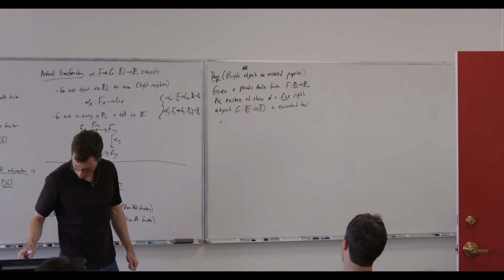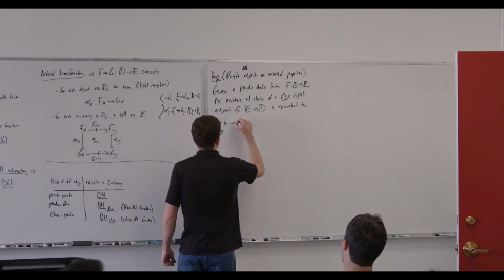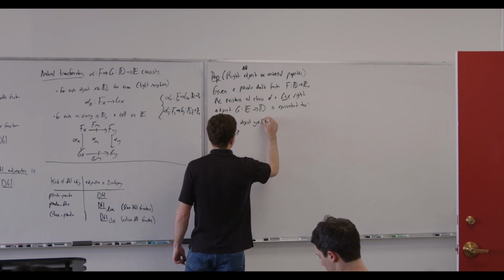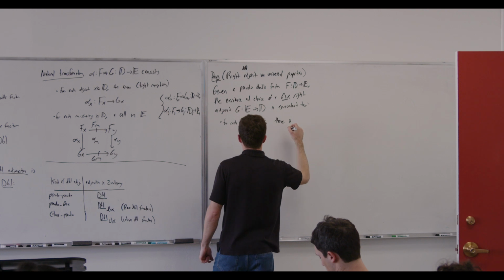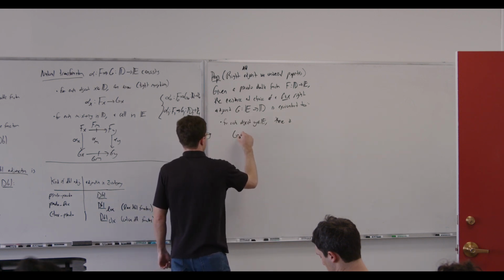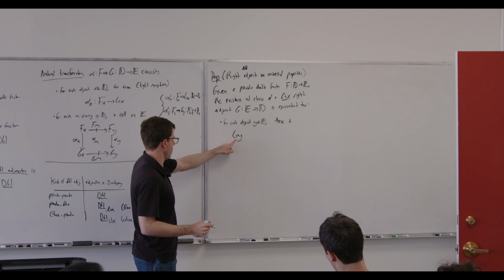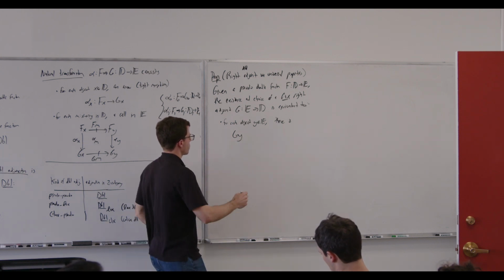First of all, for each object y in E, there is a choice of object. I'm going to write it as G applied to y. G hasn't been defined yet, but the reason for this notation is that this is going to define the action of G on objects.